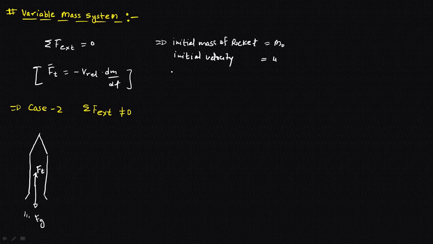Now at time t, we are assuming that the velocity is v, and because mass is continuously going out, we assume the rate of decrease of mass is r. So after time t, the mass will be m naught minus rt.